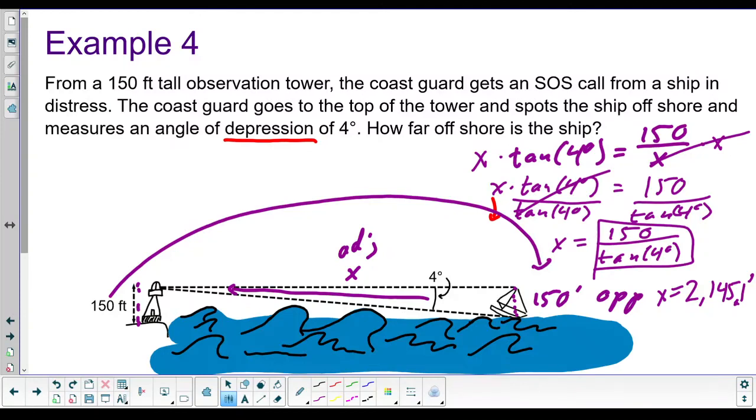So that's word problems. Really, you're just looking for triangles, and then you're going to try and set up some trig ratios. Find whatever you're looking for, put that as a variable, and then solve your trig ratio for the variable. The hardest part is going to be figuring out what trig ratio you're using.